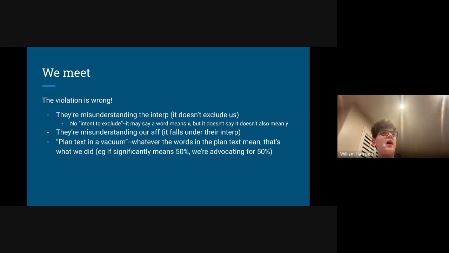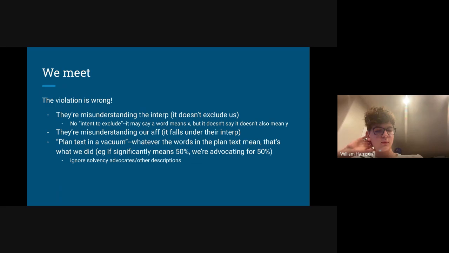If they win that, then that's what we were advocating for all along. So this means you're ignoring solvency advocates or other descriptions of what your affirmative does, and you are defaulting to what the definitions of the words in your plan text mean. This is a bad argument, but people go for it.